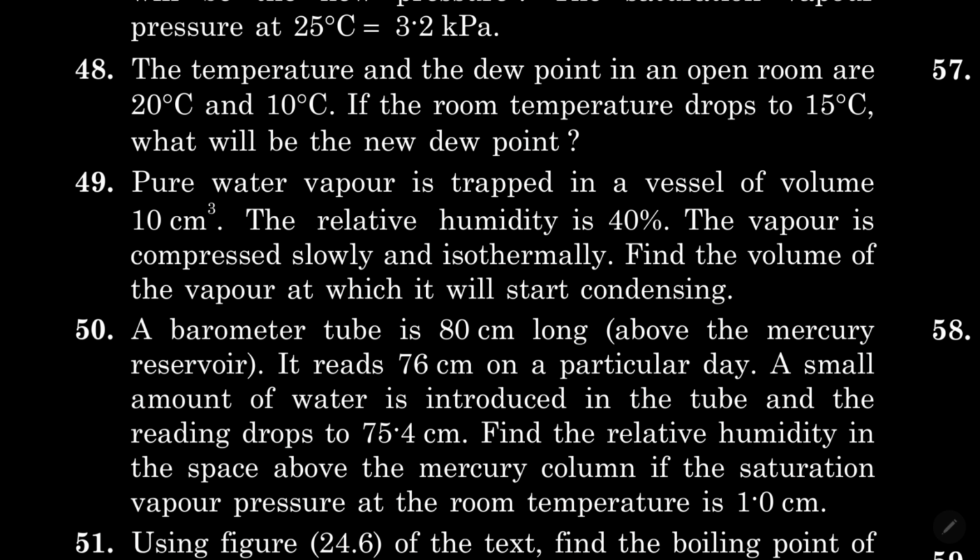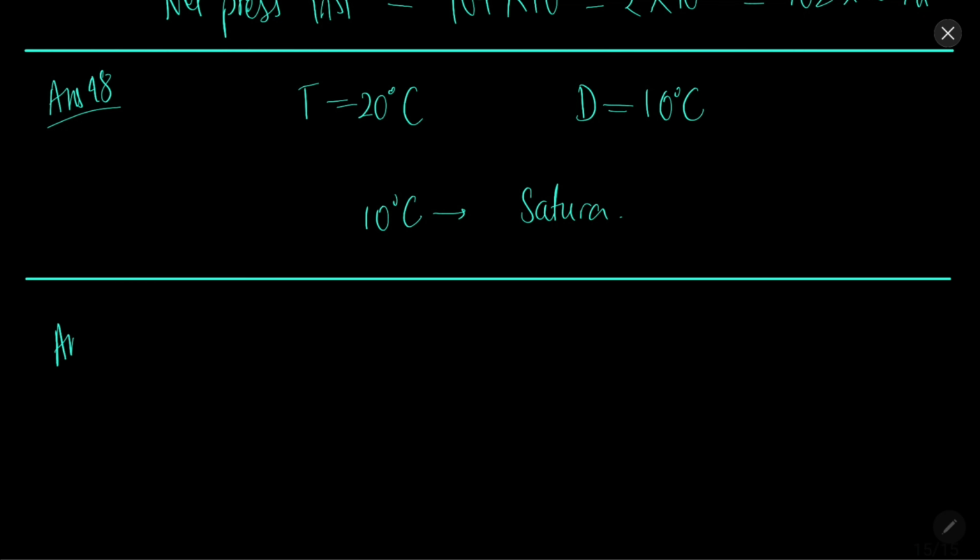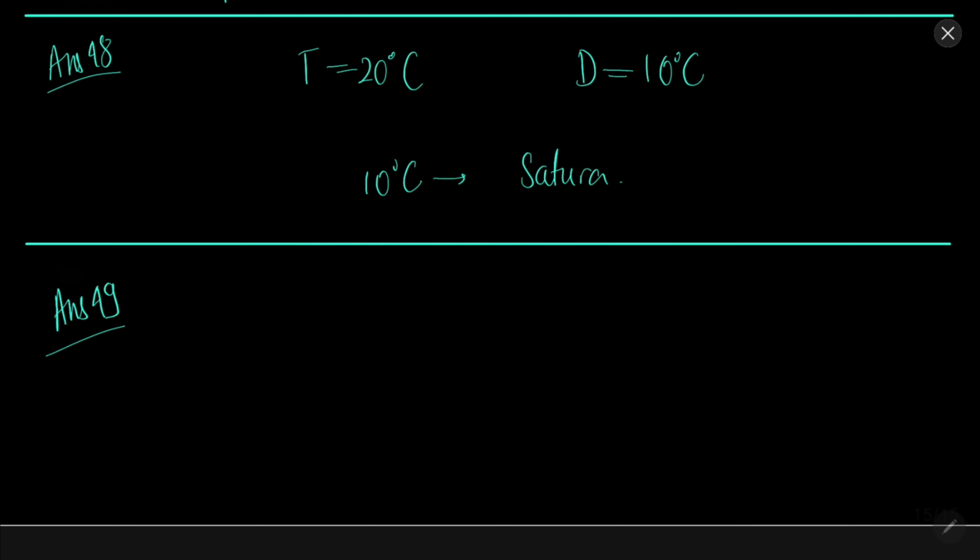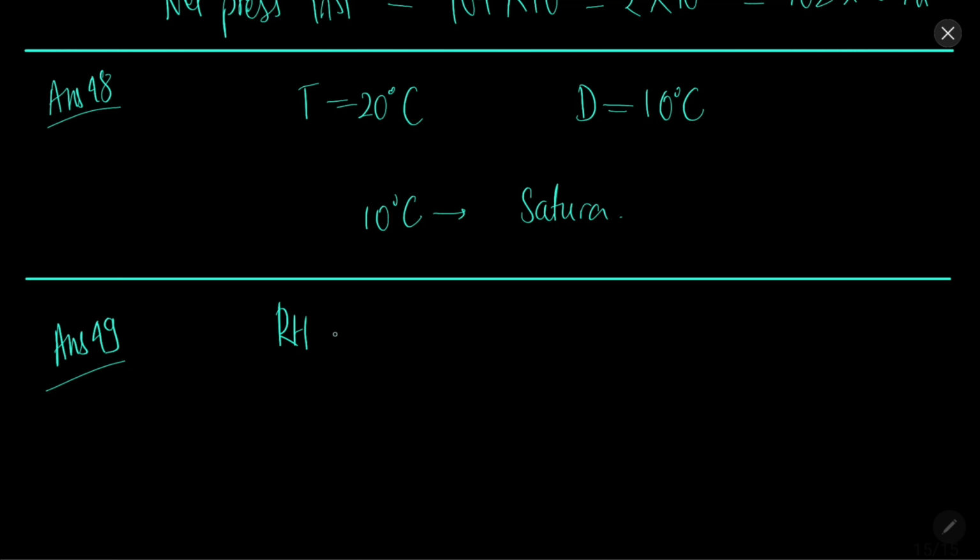49. Pure water vapor is trapped in a vessel of volume 10 centimeter cube. Find the volume of the vapor at which it will start condensing. So we will use this formula. The point where the vapor starts condensing, at that point vapor pressure equals standard vapor pressure, P1 V1 equal to P2 V2.